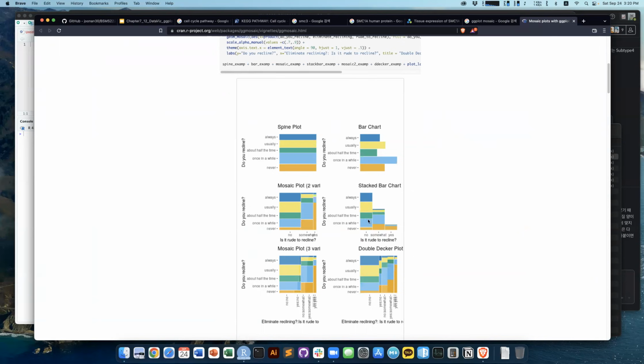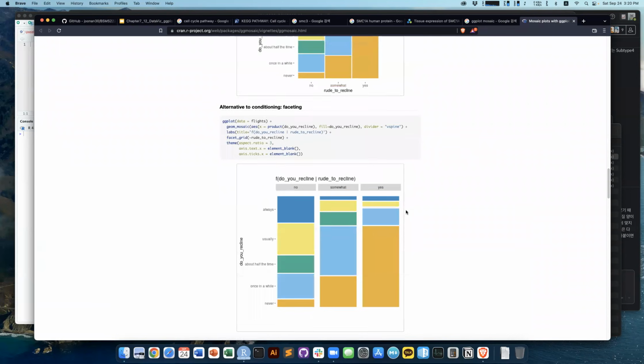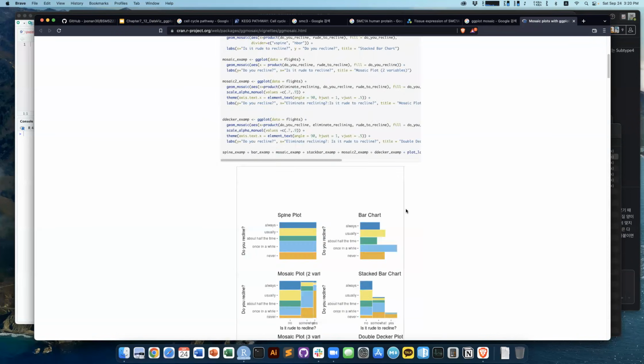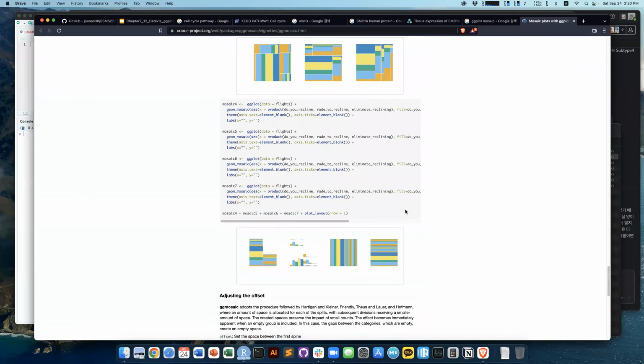In that case you can use the stacked bar chart, but if you use the mosaic plot, then you can represent the information like this, right? And you can add one more piece of information using the mosaic plot as well, and that is also quite neat. You put it in one chart, right? So if you are interested in the mosaic plot for your portfolio or for your practice, it's very good to have for your exercise.